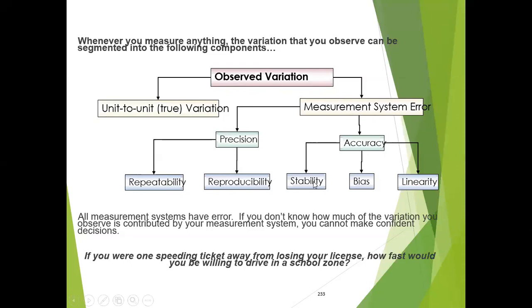Stability is a measuring error which happens over a period of time. Bias is the distance from the mean to the total variation. And linearity is anything to do with the gauge capability to measure different sizes, right?